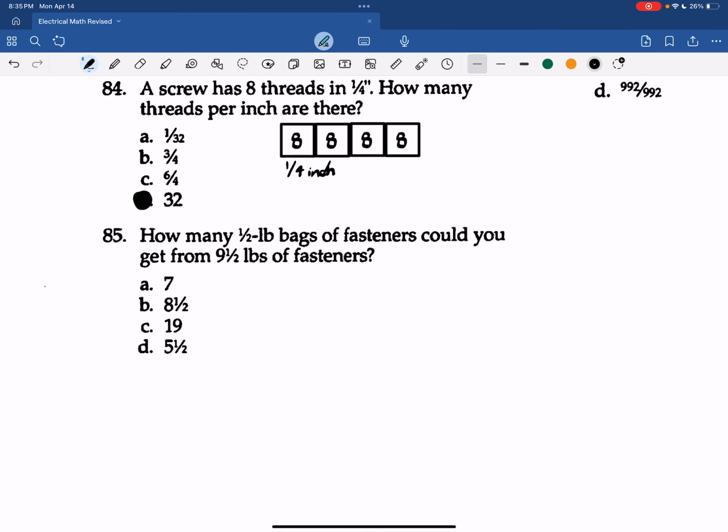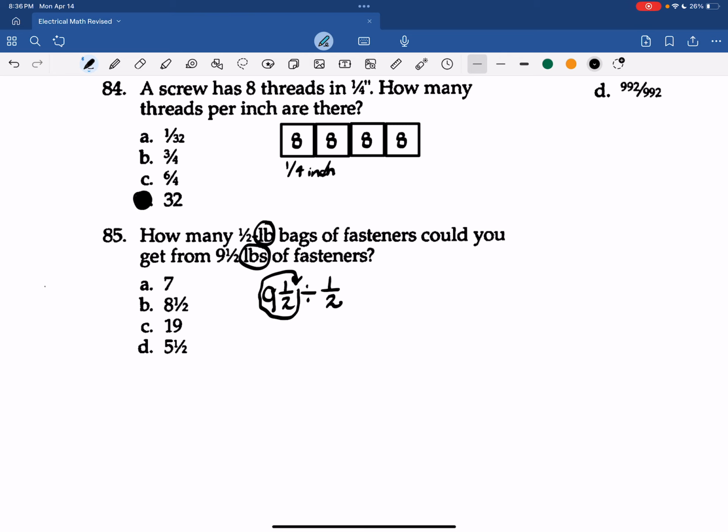How many half-pound bags of fasteners could you get from 9.5 pounds of fasteners? You would want to make sure that the units match, and they do. And then you're going to take that 9.5 pounds and divide it up into half-pound bags. You could do it with a decimal if you wanted to. But honestly, I would rather do this one with a fraction because I hate long division.